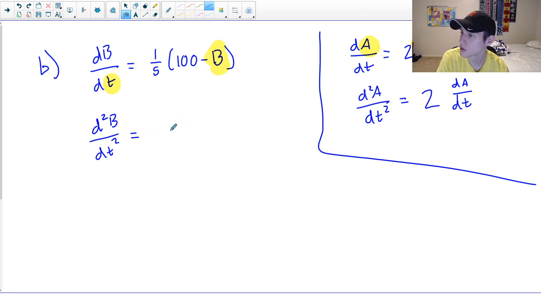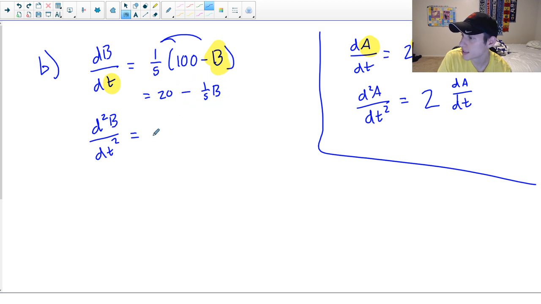Okay, so same thing over here. Actually, first I'm going to distribute this just to make it easier on myself. 1/5 times 100 is 20, minus 1/5 B. So the derivative of 20 is 0. Great.